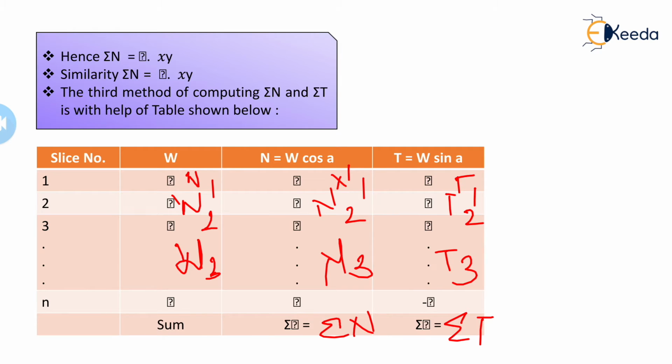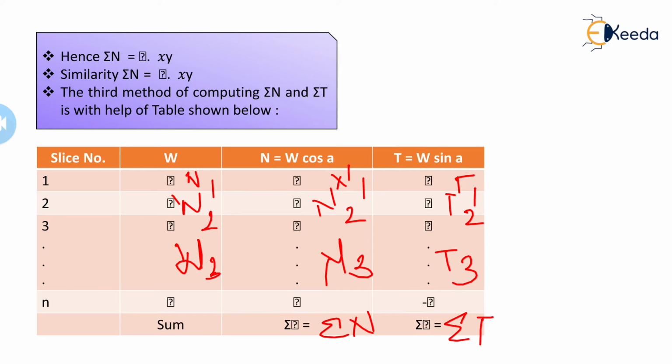First method, rectangular plot method. Before that we had the N curve method and the T curve method. Then we are following the rectangular plot method. After this, by using this equation, we can easily find out, first of all, the W component.